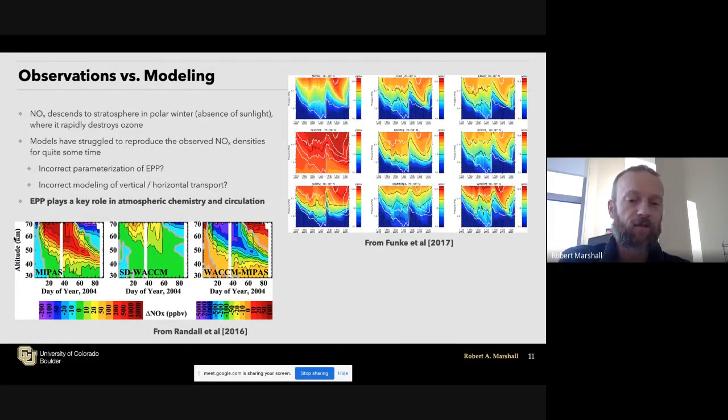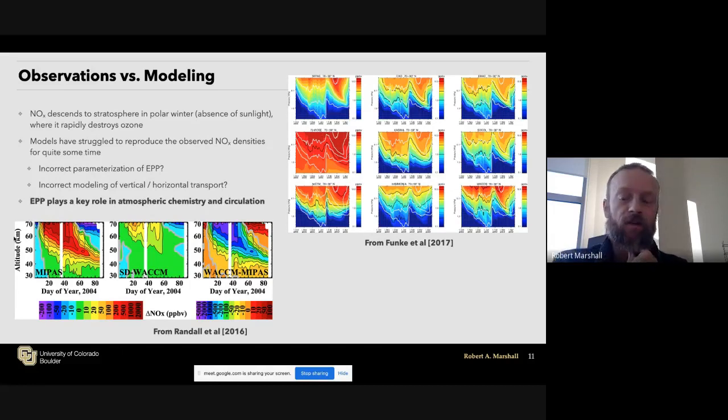The lower left from Cora Randall's paper shows you observations of NOx from the MIPAS instrument. Then the center panel is a simulation from the WACCM model, which all of you, I'm sure, are familiar with. And then the third panel, of course, is the difference. Even without looking at the difference plot, you can see that there is a huge and significant difference between the model and the observation.